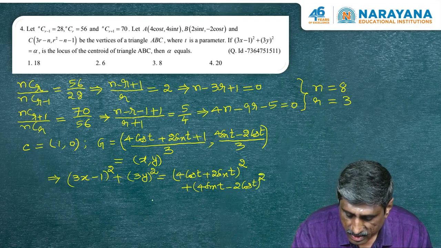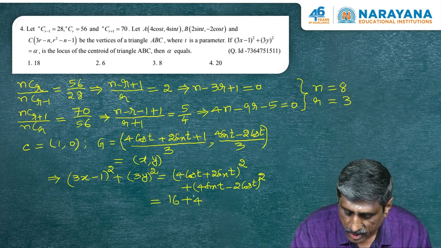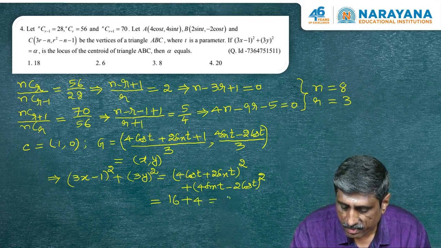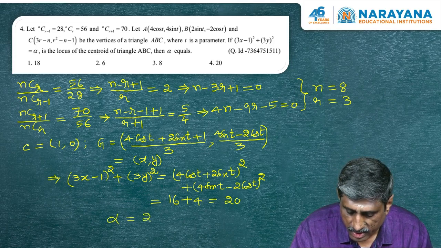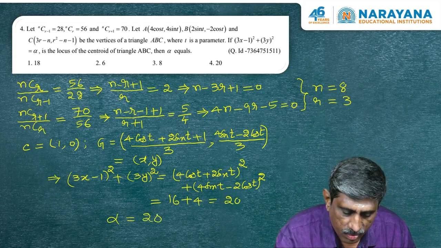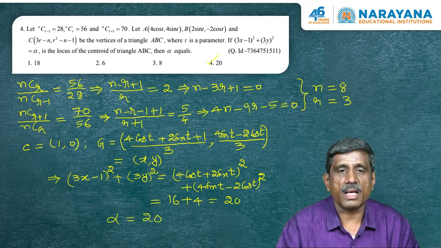When we simplify this, we get 4 square is 16 plus 2 square is 4, and the remaining terms cancel, which gives 20. So alpha is equal to 20, which is the value of alpha. So option 4 is the correct answer.